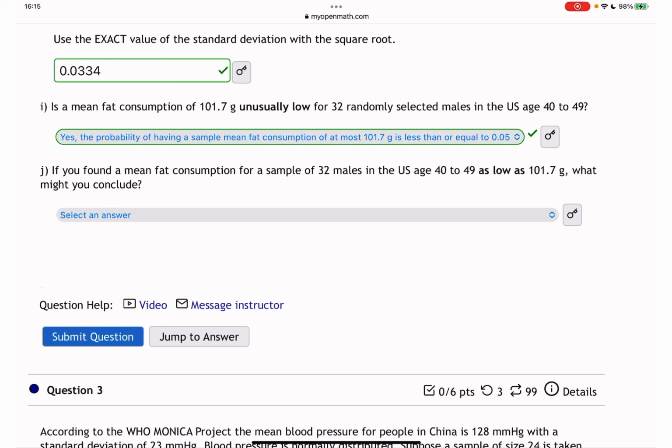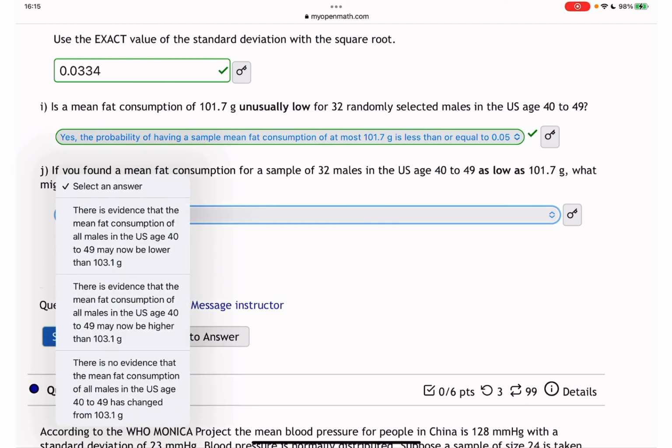Well, let's see. There is evidence that the mean level of fat consumption may not be higher than 103.1.